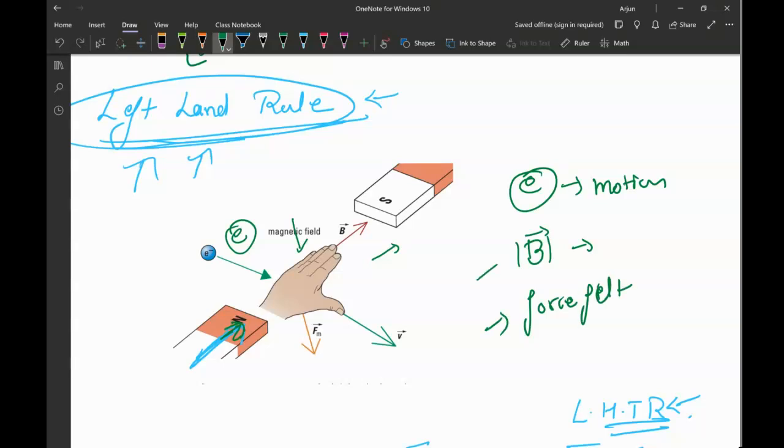If you have any two of these things, you will be able to predict the third thing. If you have these two, you will be able to find the force felt. If you have magnetic field and the force felt, you will be able to make the electrons move. And that's what happens in generators, how electricity is produced with the help of generators.